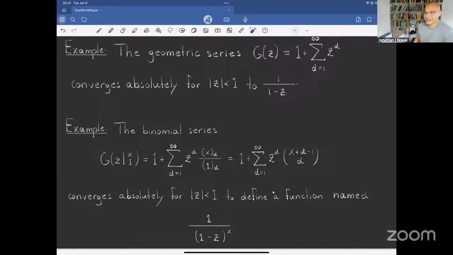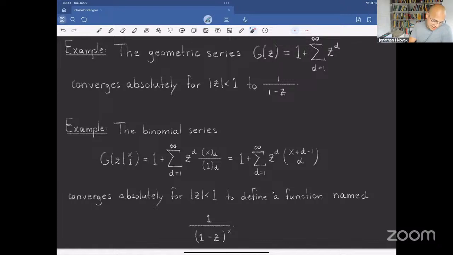That's one way to define what the complex exponential is. So for certain special values of x, you can actually write down a formula for the sum of the series. Otherwise, all you really know is that for any x, it converges absolutely for absolute values of z less than 1 to some function, and the name of that function is this.